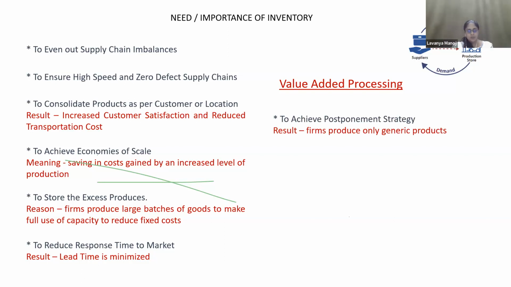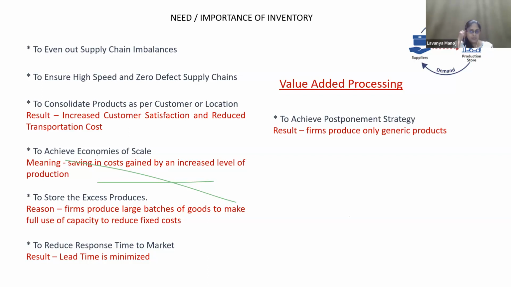This is called the postponement strategy. They keep the raw materials or semi-finished goods readily available on the shelf, but they will not produce a complete product. They wait for the customer's demand, the market demand.